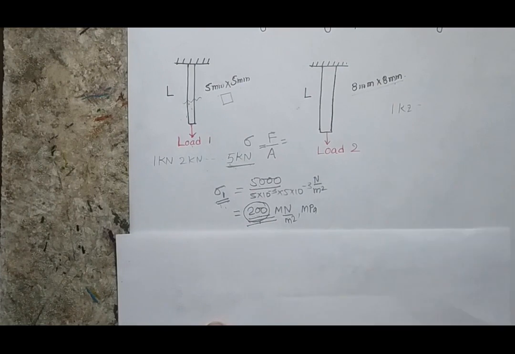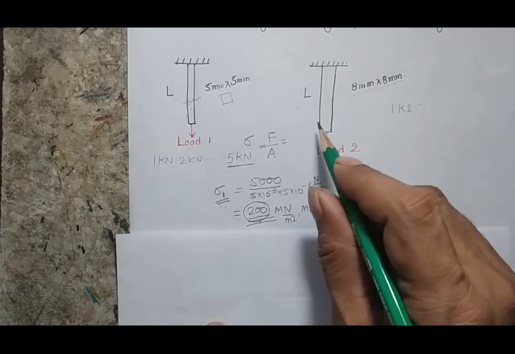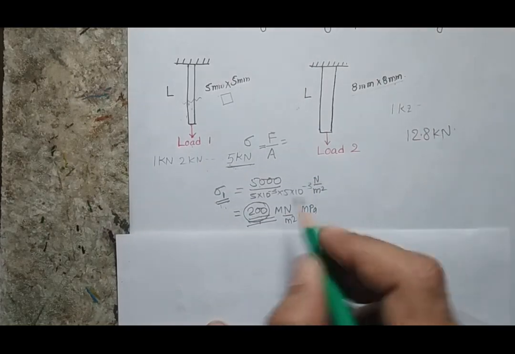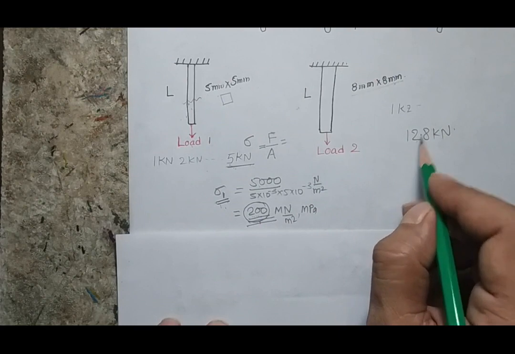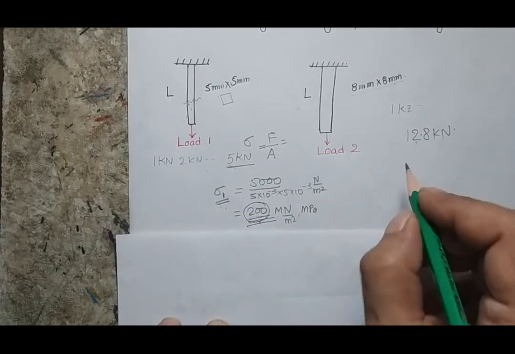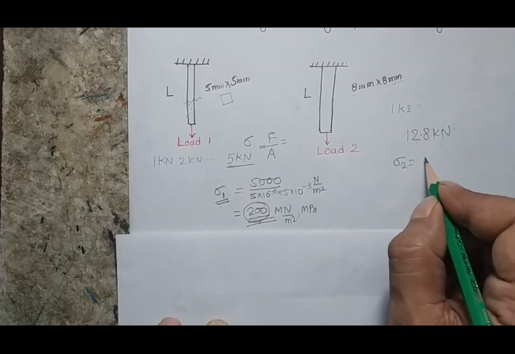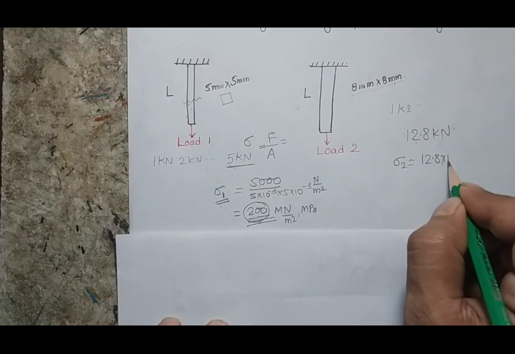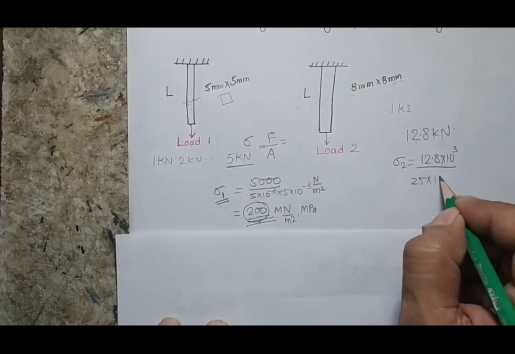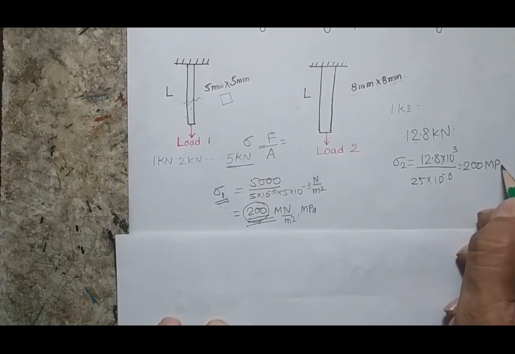Since I am not able to show you this experimentally, definitely this second bar will fail at 12.8 kilonewton, because when you divide this force by the cross section, you will get a stress of 200. That is, the stress in the second bar will be 12.8 into 10 to the power 3 divided by 25 into 10 to the power minus 6, and you will get the same value, that is 200 mega Pascal.